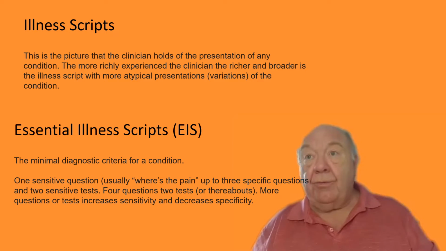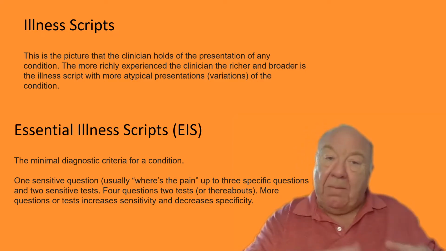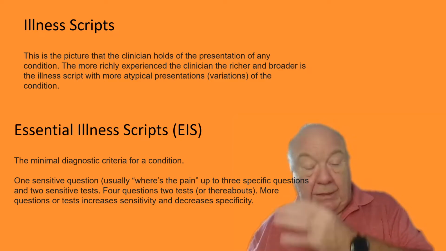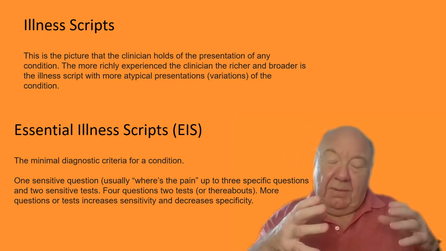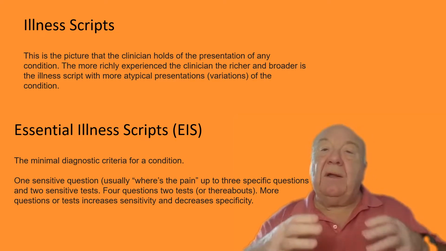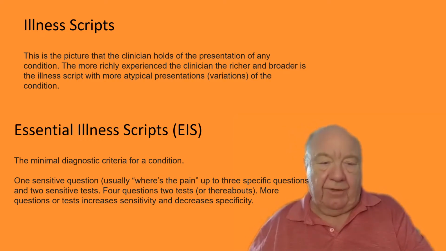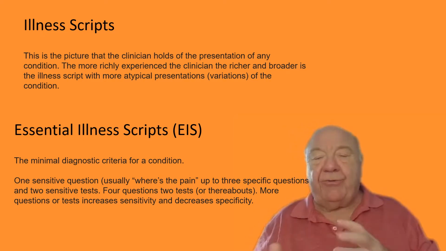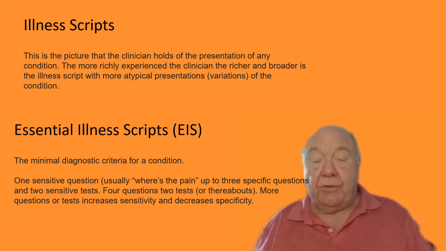So it allows the inexperienced clinician to mimic pattern recognition, at least to the extent where they can make the diagnosis, even if they can't come up with a reasonable differential diagnosis to test their diagnosis against. So the mantra for this really is, and it's the one I use all the time, 4 questions, 2 tests and no more.